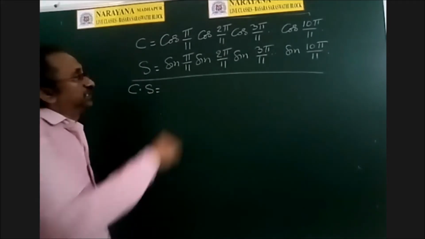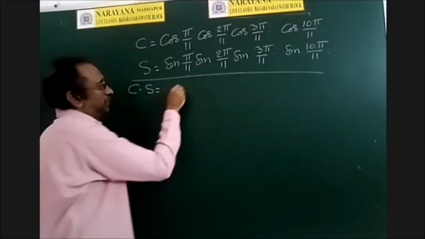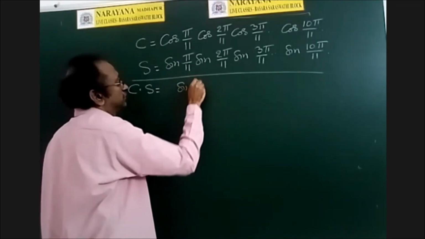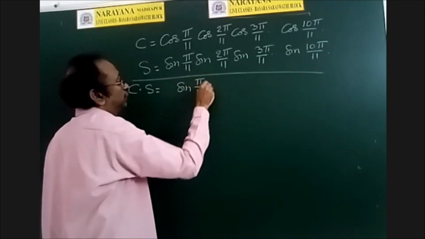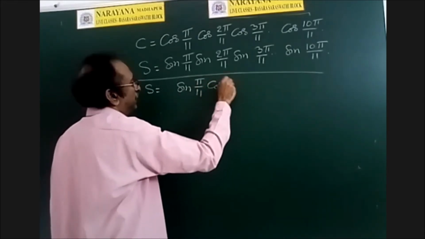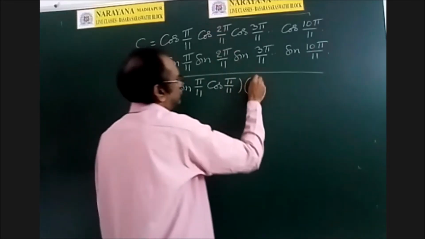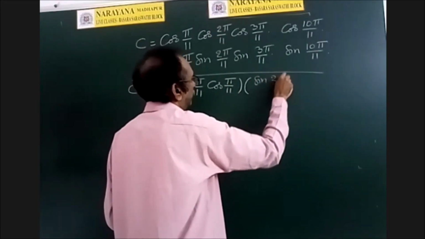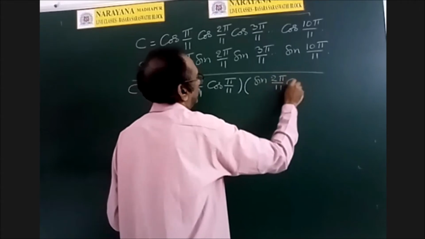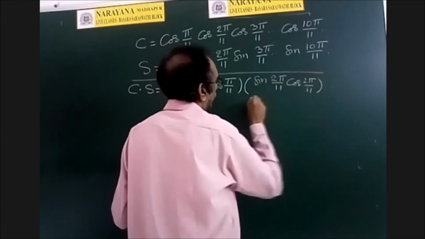Now I'll take liberty: cos pi by 11 and sin 2 pi by 11, I will write these two terms at one place. Cos pi by 11 into sin 2 pi by 11 into cos 2 pi by 11 and so on.